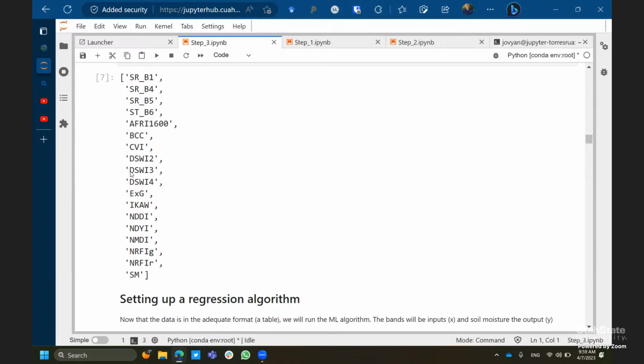But band 4 has very low correlation against any other band, so it's kept. Band 5 is kept. The temperature is kept. Band 7, which is the shortwave 2, is discarded. After that come the soil and vegetation indexes, and even the soil moisture is kept.